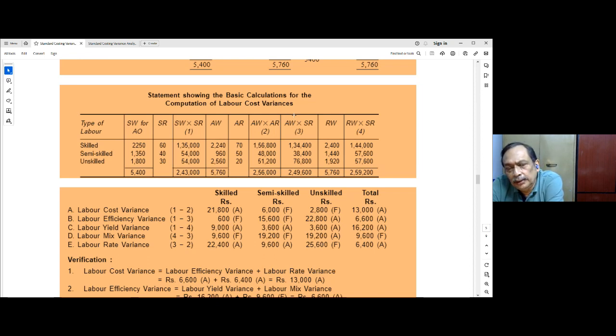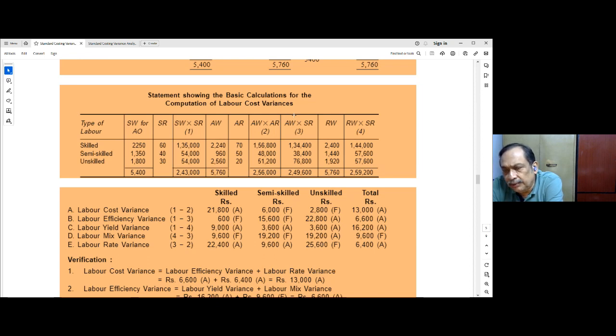Now we are going to calculate the variances for each grade of labor. So we have labor cost variance, that is 1 minus 2, that is SW into SR minus AW into AR. For skilled, it is 21,800 adverse. For semi-skilled, 6,000 favorable. For unskilled, 2,800 favorable.